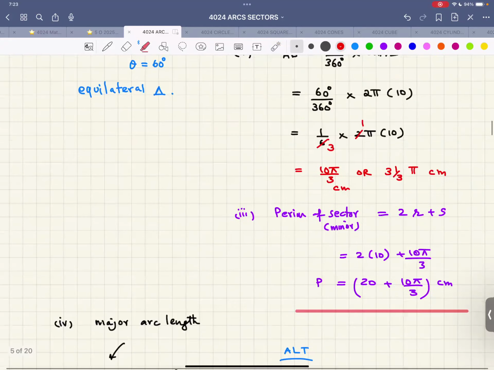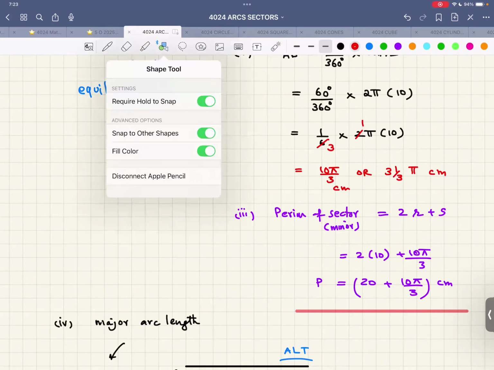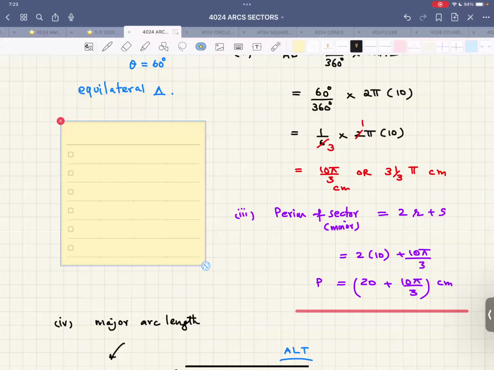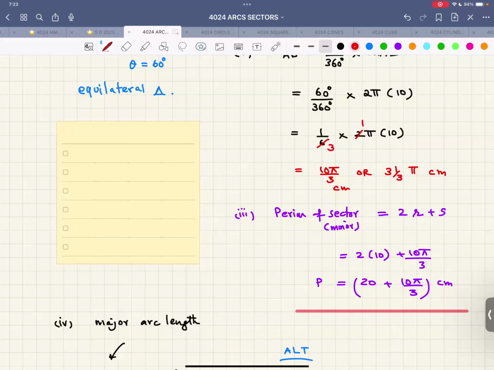So let me write something over here, a statement that I'm interested in. Yes. So now a points to ponder, that is use value of pi as 3.142 because this is already 4 significant figures.